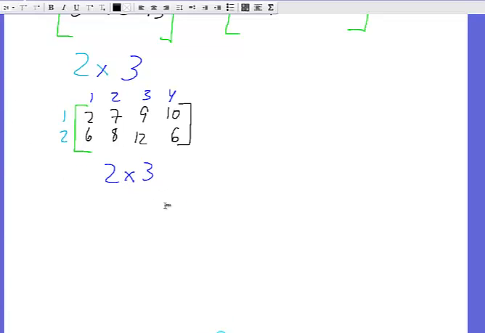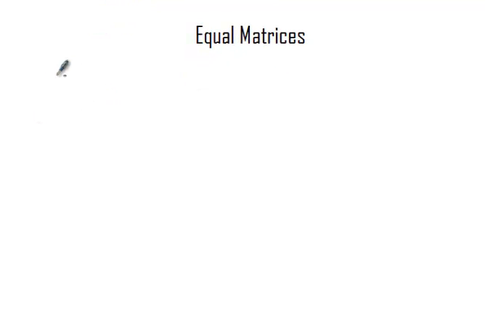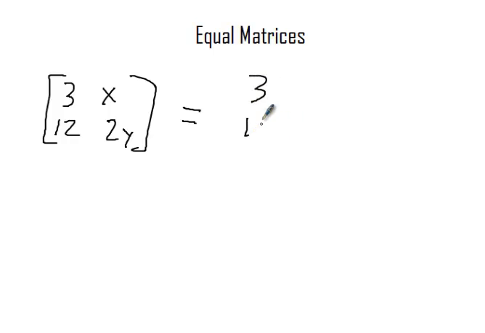The next thing we're going to talk about is equal matrices, which is exactly what it says. It's two matrices that are equal. So I'm going to draw one matrix like this. Now let's say that's 3, 12, x, and 2y is equal to 3, 12, 7, and negative 10.